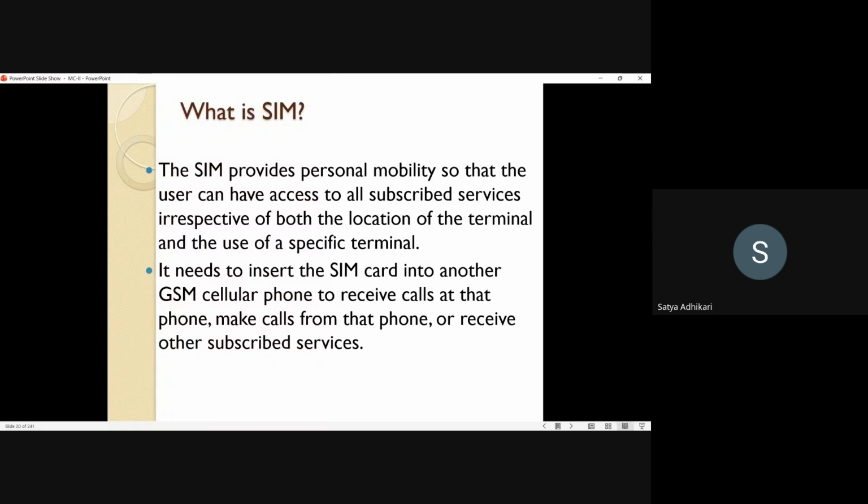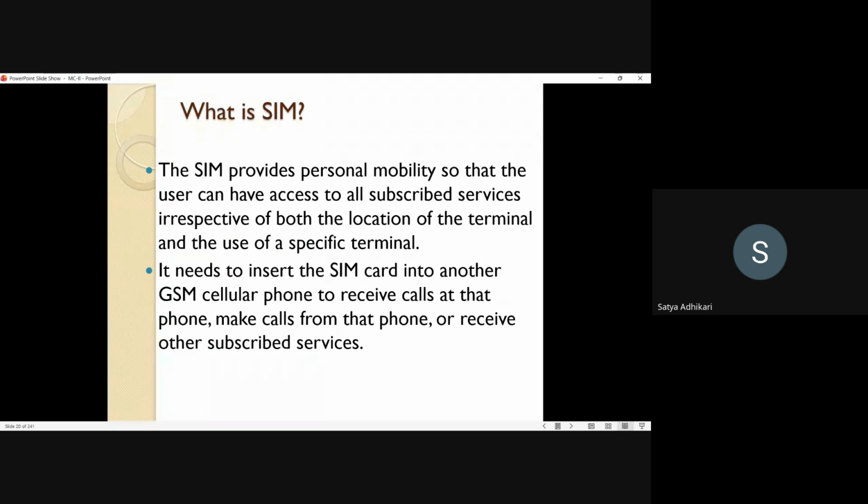So the SIM provides personal mobility so that the user can have access to all subscribed services irrespective of both the location of the terminal and the use of the specific terminal. So we have a mobile SIM or small SIM in our devices. It needs to be inserted into another GSM cellular phone to receive calls at that phone.